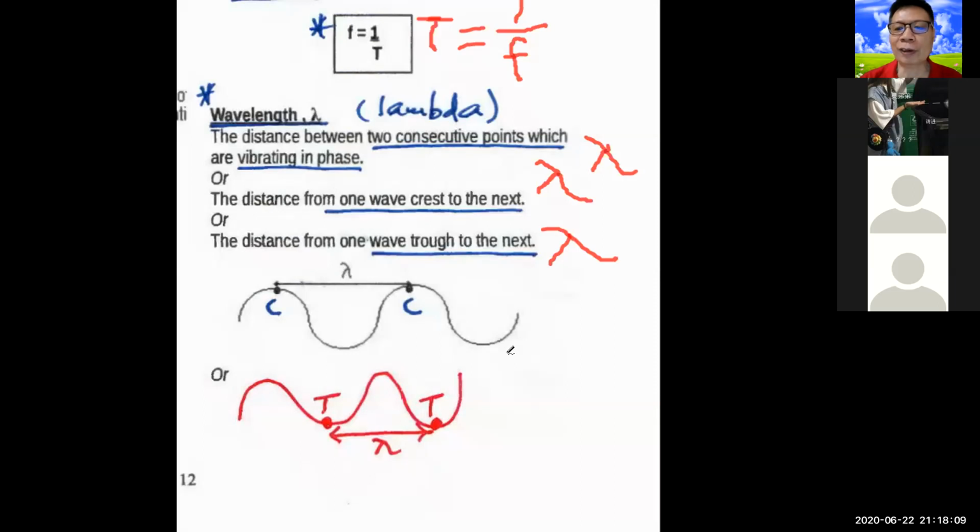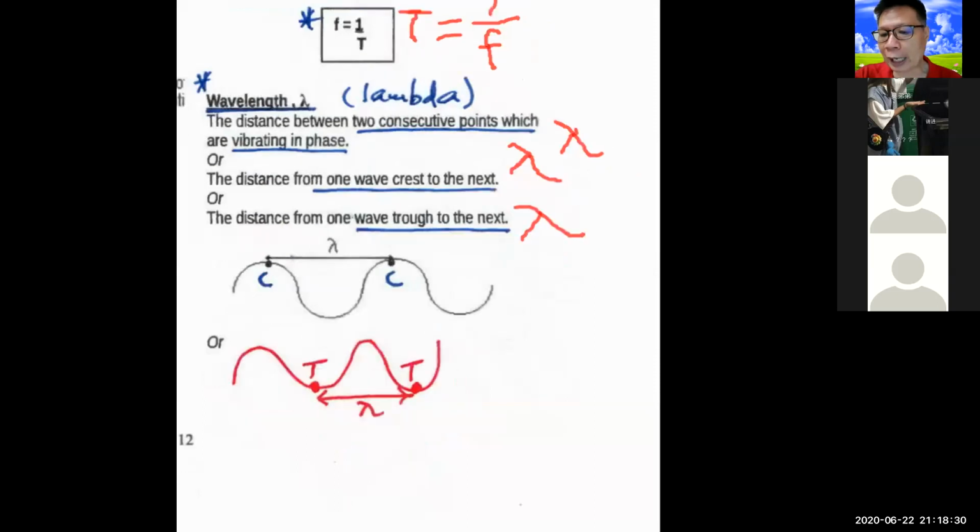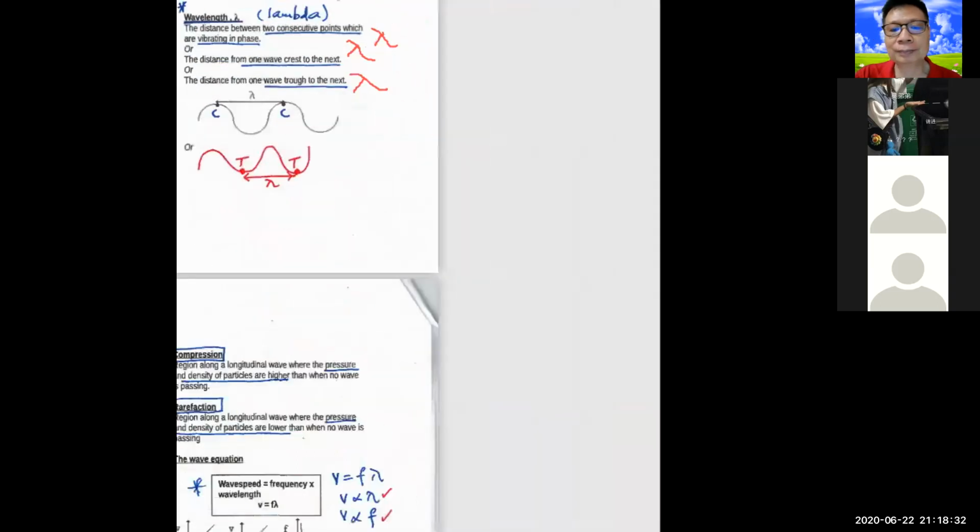Okay, lambda is new for you. I believe you never heard this word before, lambda. Frequency, I'm sure you heard before. Lambda is totally new for you. Okay, lambda, wavelength. Now I give you a little bit of time. You go and digest all these things first.